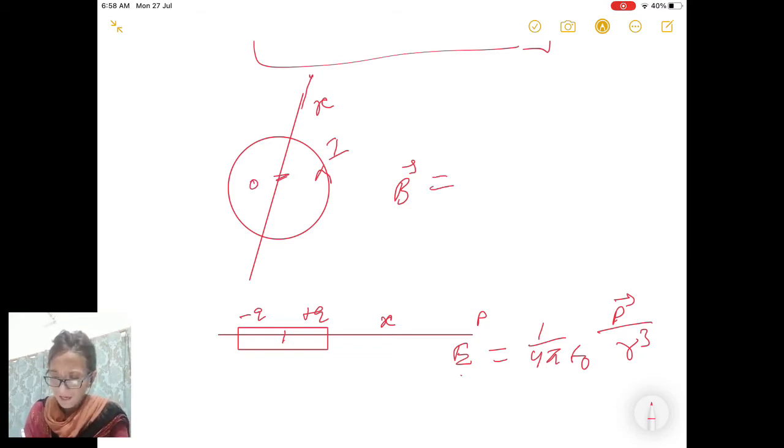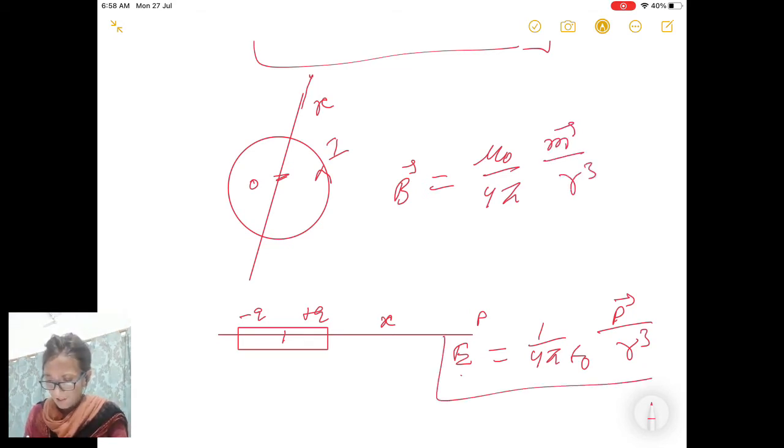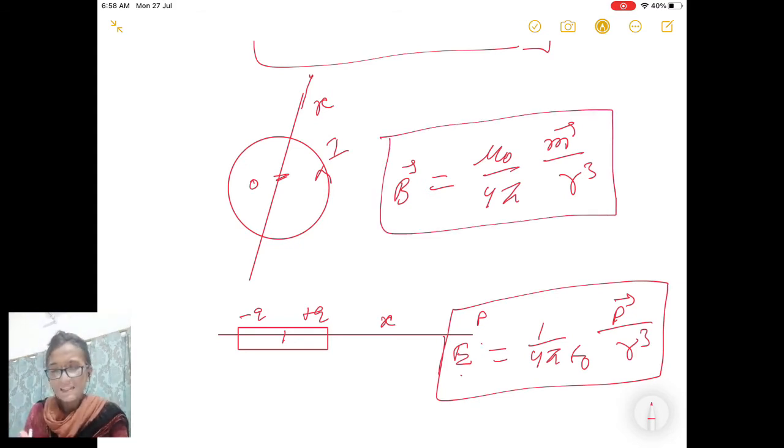This B will be equal to mu naught upon 4 pi, magnetic dipole moment m upon r cube, in analogy with the electric dipole along the axial point, because there is an analogy between magnetic and electric fields due to dipoles.